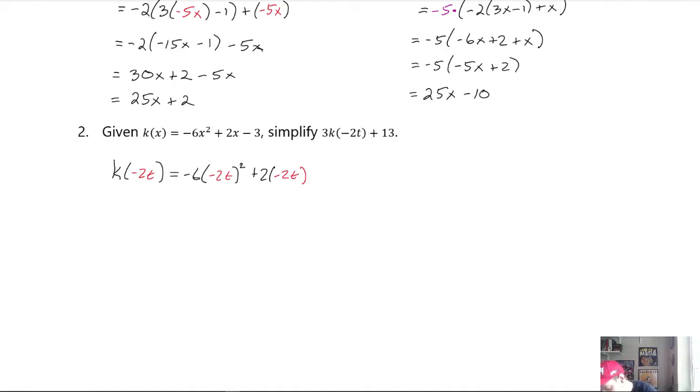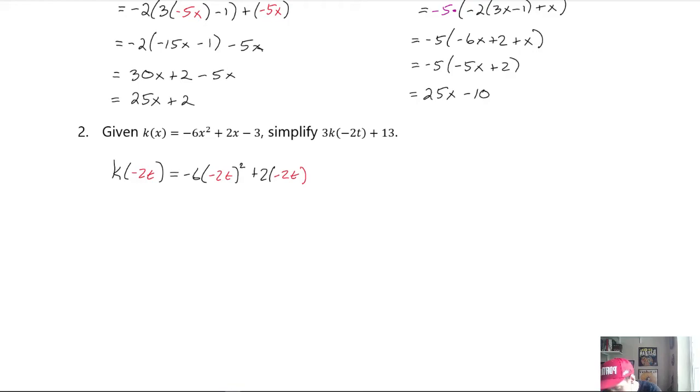That should have been an x as the input, replacing the x with negative 2t here. Make sure that that is adjusted in the mind map as well. Okay, I'll get back to that. Sorry about that. And, okay, where was I?